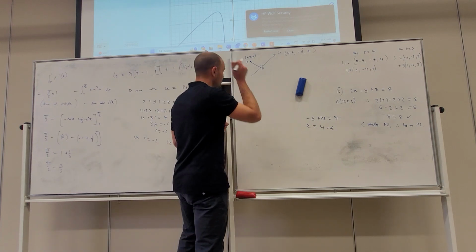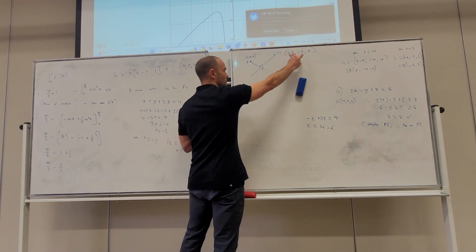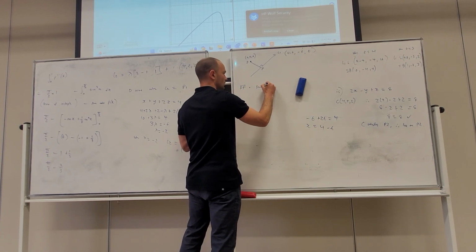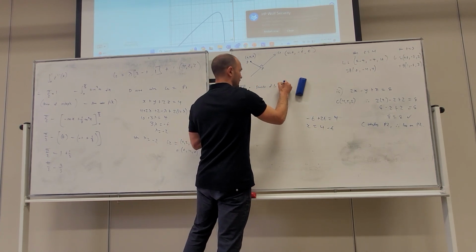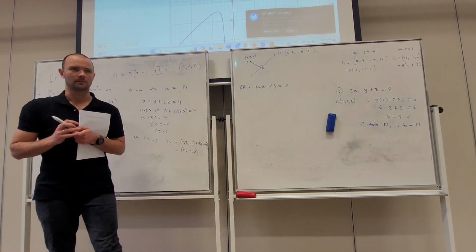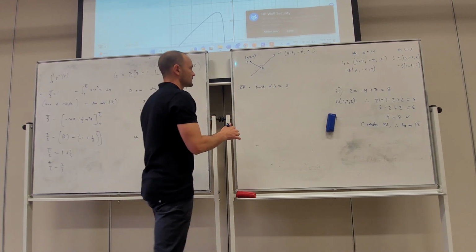So it occurs when vector DP dot the direction vector of L1 equals 0. All right, so that's where this formula is coming from, right? It's when the dot product's perpendicular. When it's perpendicular, that's when they're closest together.